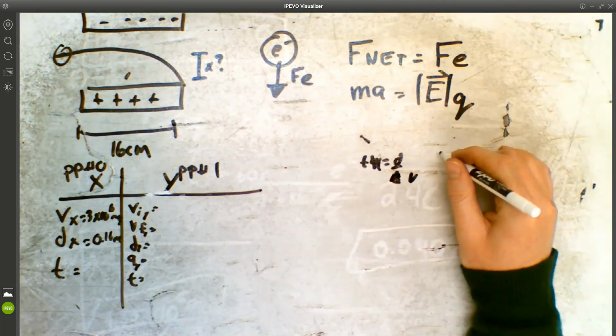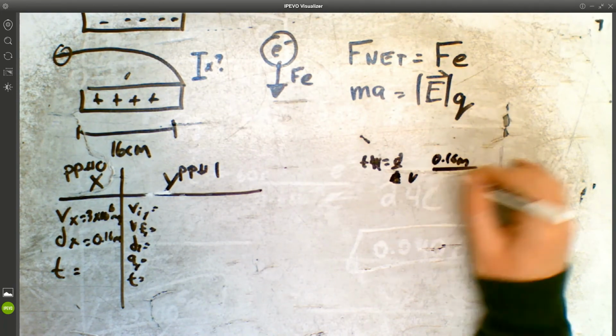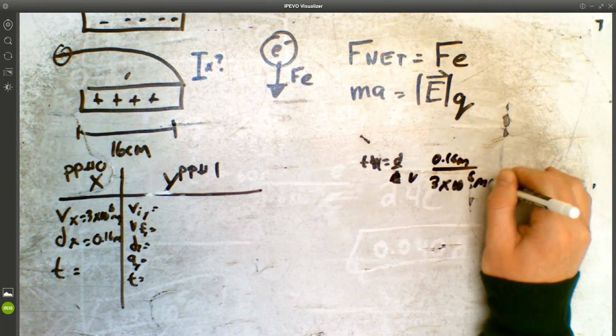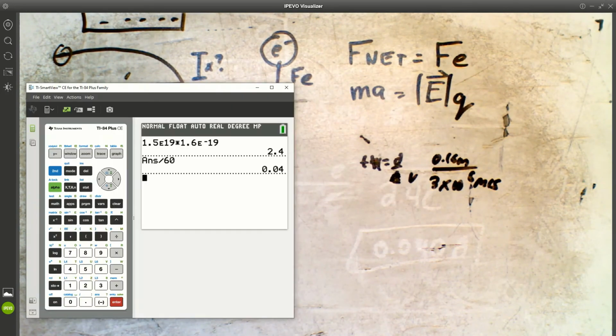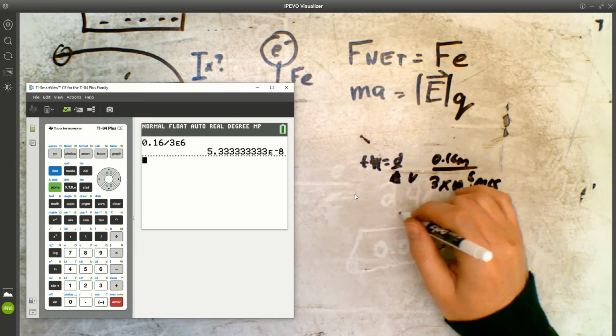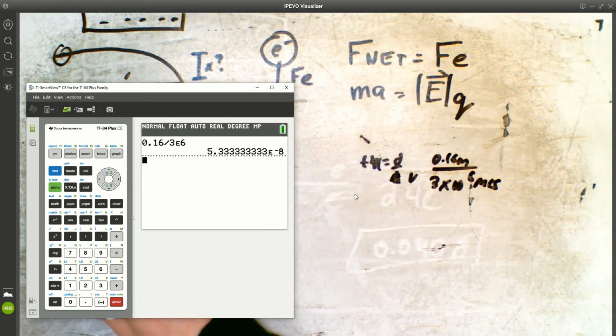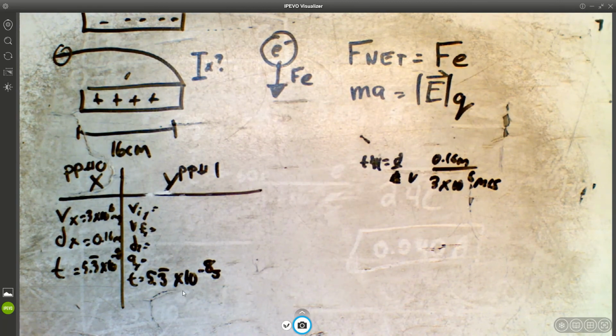It's just our distance, 0.16 meters, over 3 times 10 to the 6 meters per second. So it's going to be a very tiny time. We get 5.3 repeated times 10 to the negative 8 seconds. That's going to be our time, and I just filled those in there.